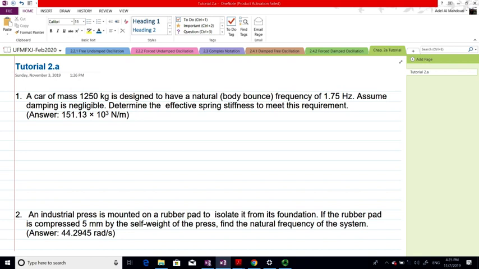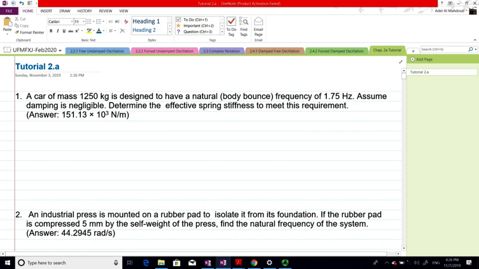The first one will be question number 1. This is exercise 2.8 in chapter 2, page number 45. A car of mass 1,250 kilograms is designed to have a natural body bounce frequency of 1.75 hertz.